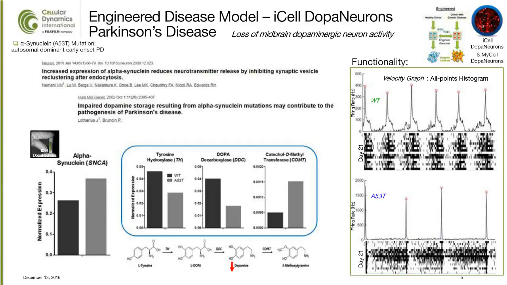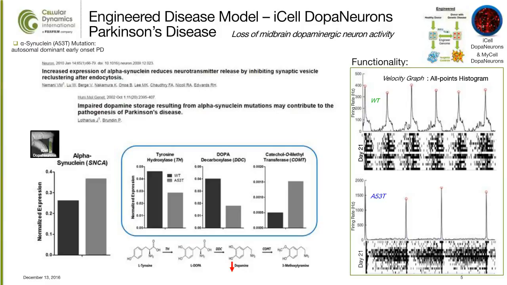The gene expression levels show that, first and foremost, there's an increased gene expression signal for alpha-synuclein, which is what we would expect in these neurons compared to control. Interestingly enough, the tyrosine hydroxylase and dopa decarboxylase measures are both decreased, suggesting that the production of dopamine in these neurons is actually lower than normal.